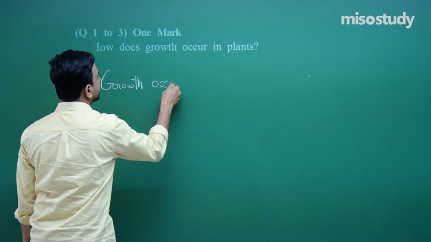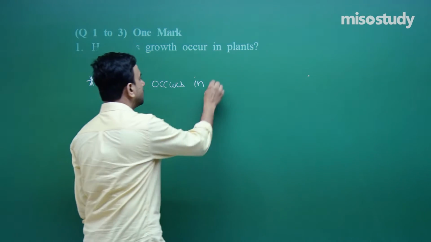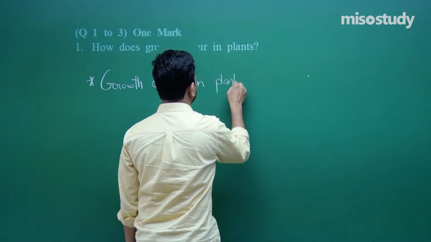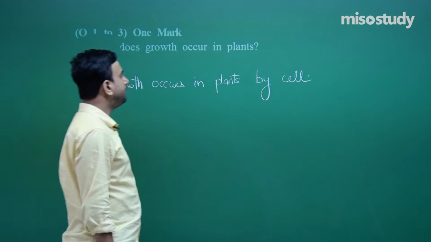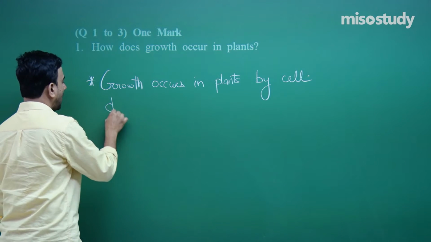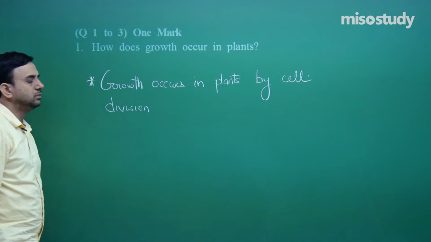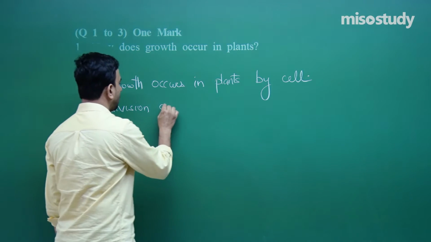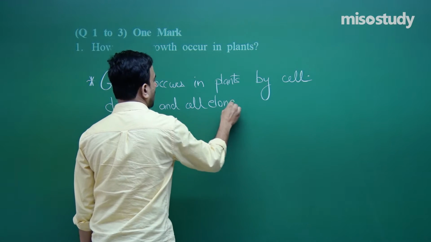Growth occurs in plants by cell division and cell elongation.